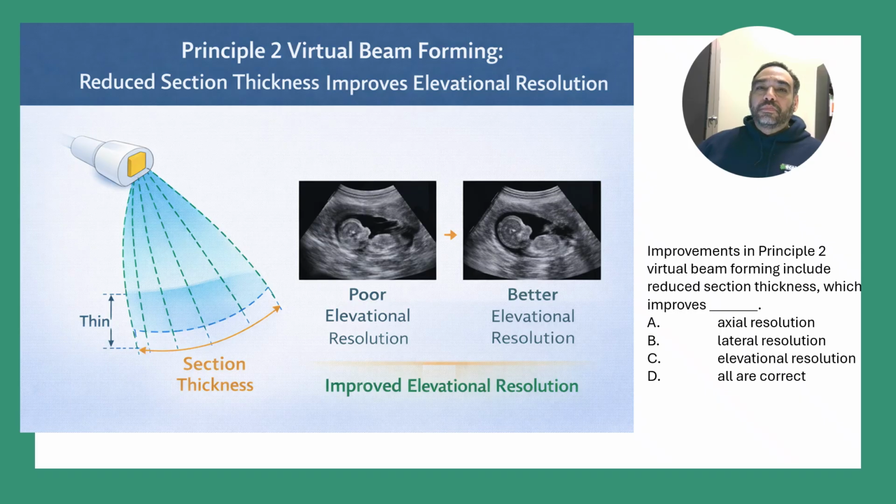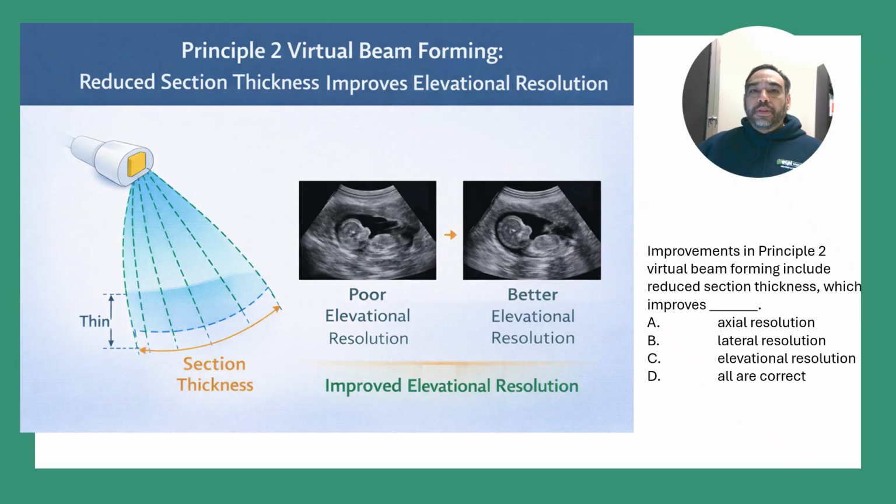This is correct because section thickness refers to the dimension of the beam in the elevational plane, so the slice thickness. When this section is reduced, the beam becomes thinner in the elevational dimension, so less out of plane echo formation is included. And slice thickness artifact is reduced, and so that directly improves the elevational resolution.